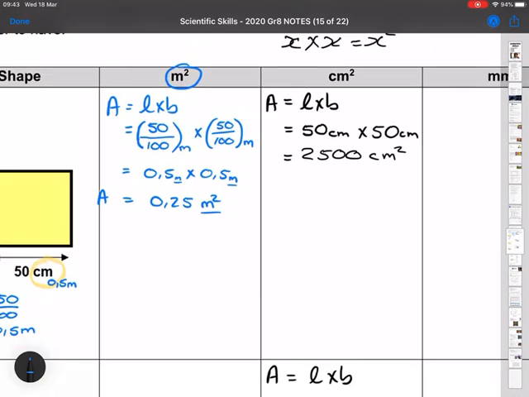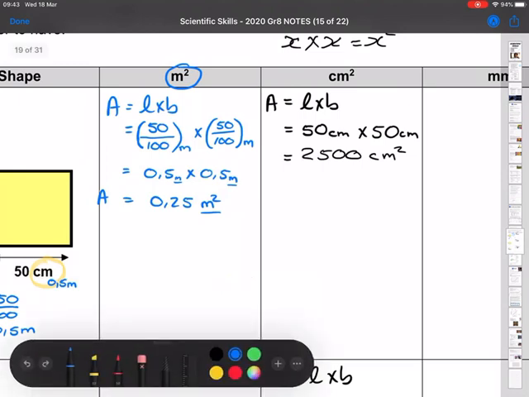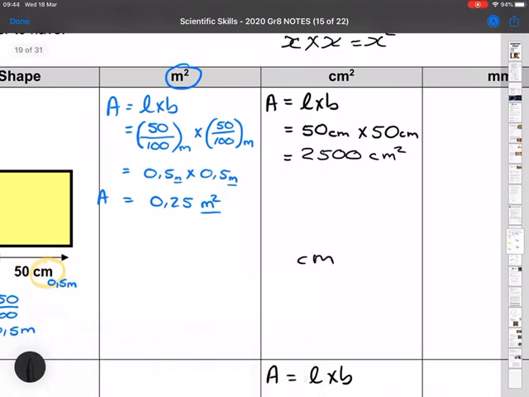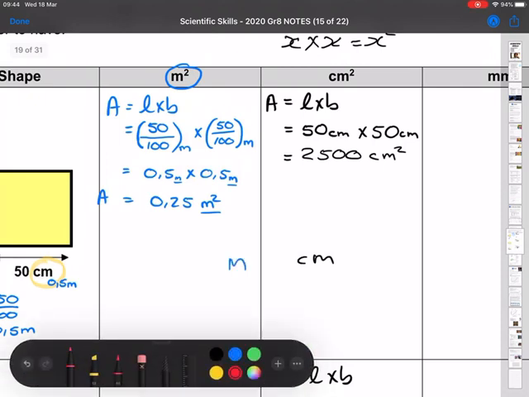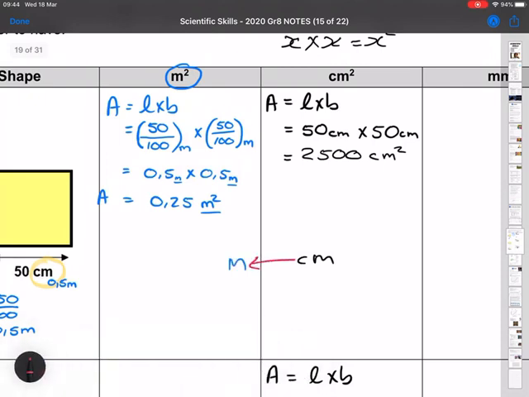Now I want you to notice something. Ordinarily, let's do it the other way. If we were to convert centimeters into meters, how would you convert centimeters to meters? You would normally divide by 100.